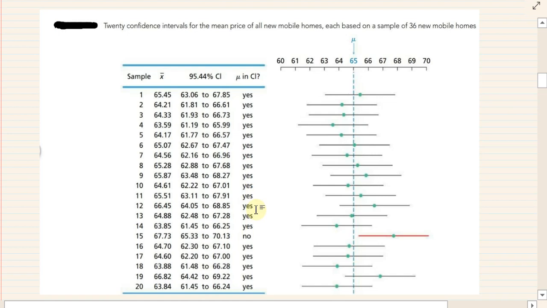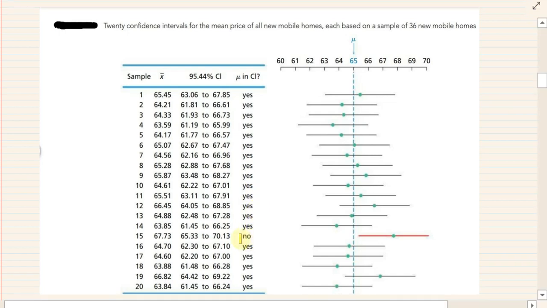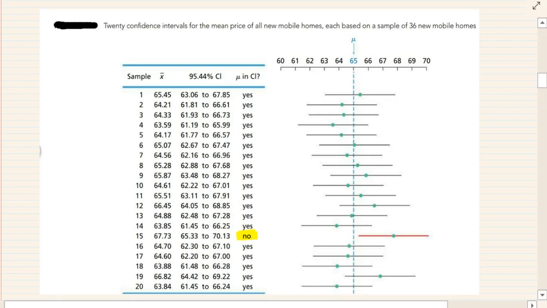Now, down the list, at some point we get one right here. We have a no, and that's the only one that doesn't actually contain it. All of the other ones contain it. So 1 out of 20 did not contain it, right? Remember, we have 20 samples, only 1 missed it.